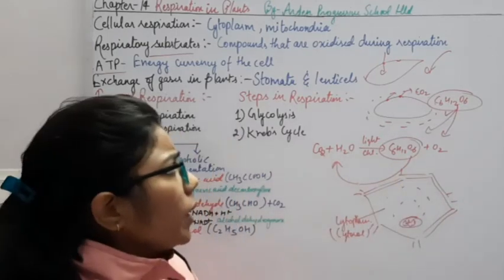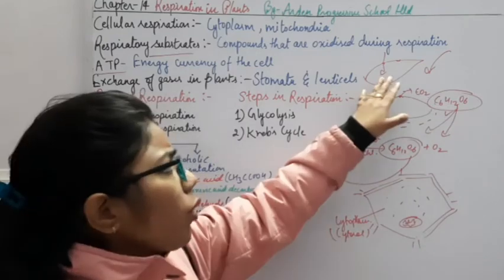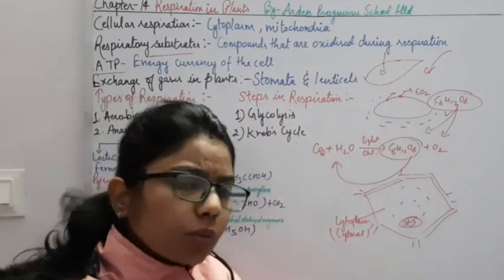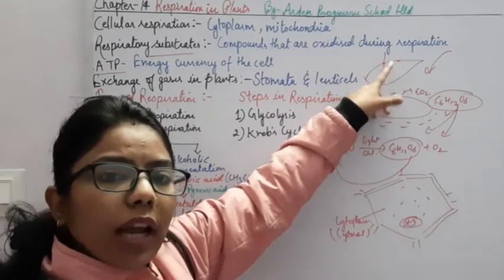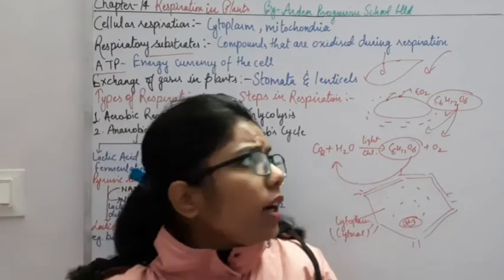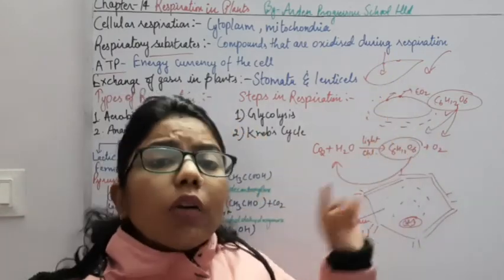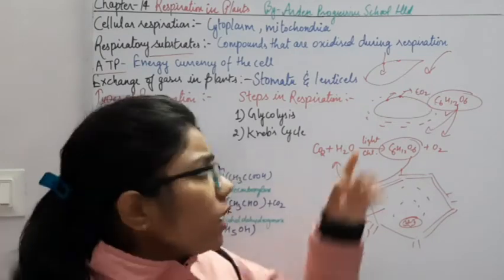So the stomata are responsible for the exchange of gases, for the exchange of O2 as well as CO2. They are responsible for the entry of CO2 during the day hours, and during the night hours, these stomata are responsible for the entry of oxygen, and releasing the CO2.